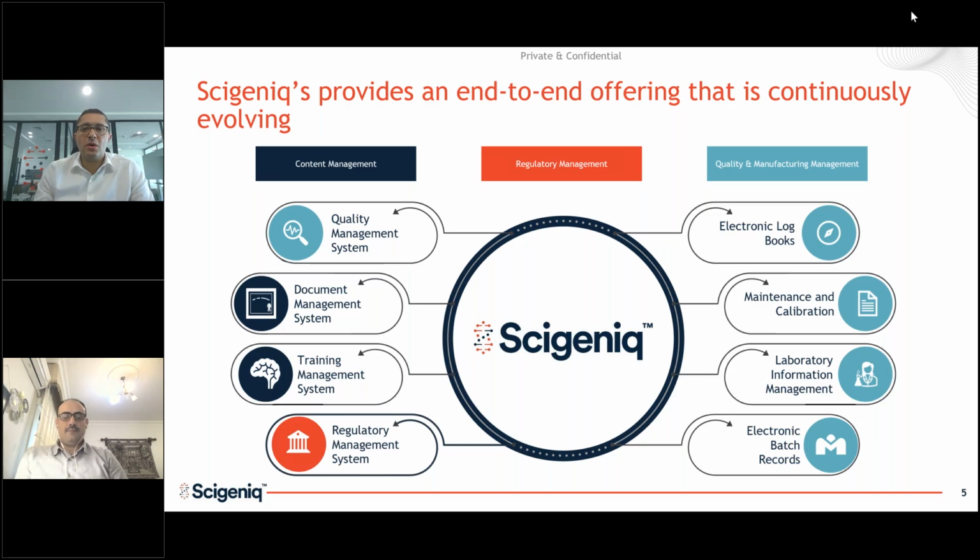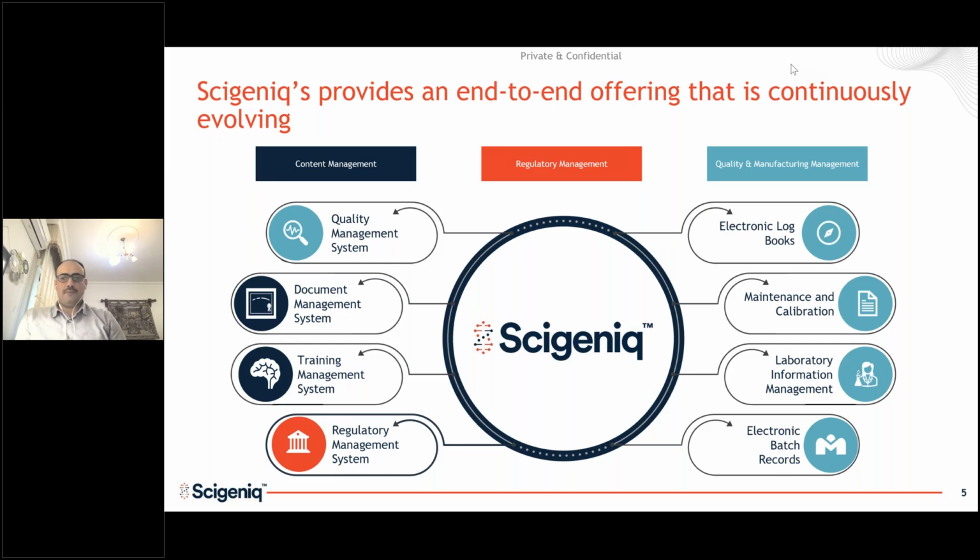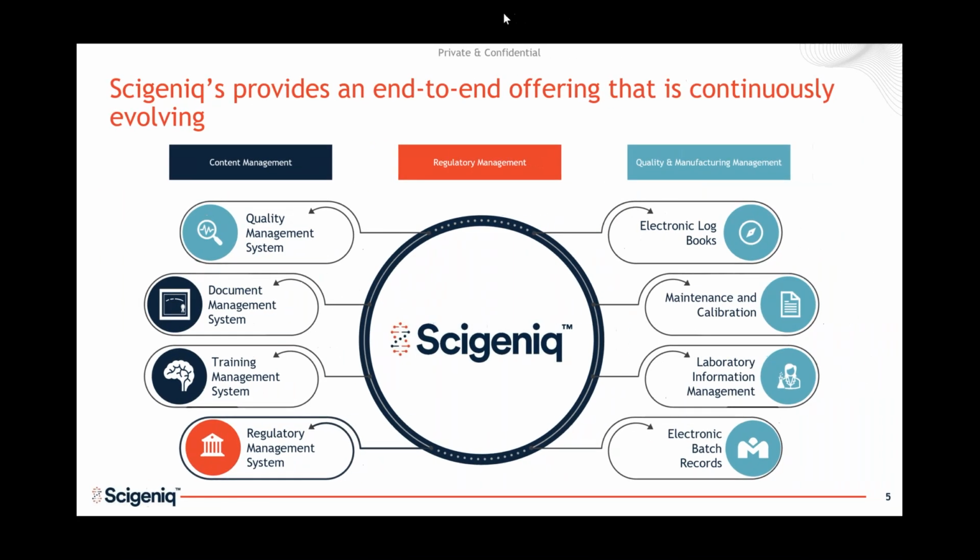This topic is quite relevant and important to Scigeniq because we provide software and services to pharma companies, and more specifically end-to-end applications in areas of quality, as well as content, regulatory, and manufacturing management. More specifically, to mid-size pharma companies in the Middle East, LATAM, and Southern and Eastern Europe.